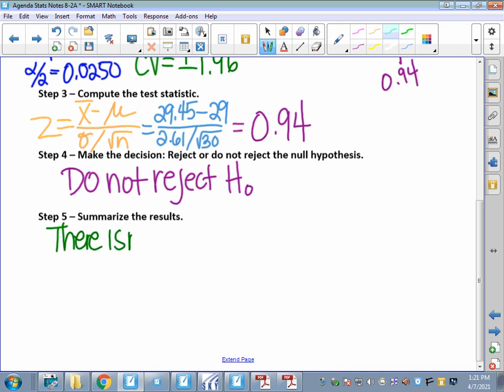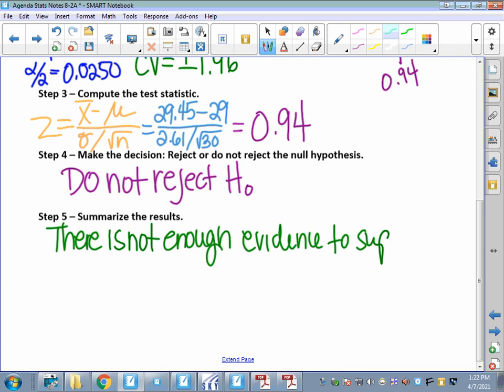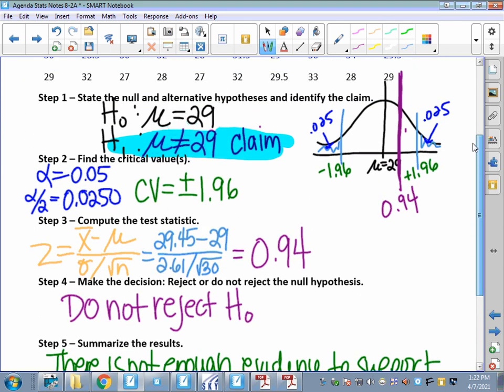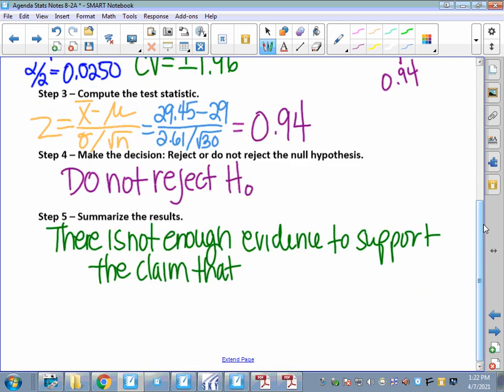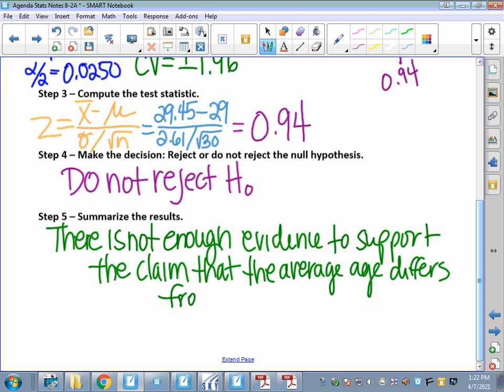There is not enough evidence to support the claim. And what is the claim? That the average age differs from 29 inches, because that's the claim, right?